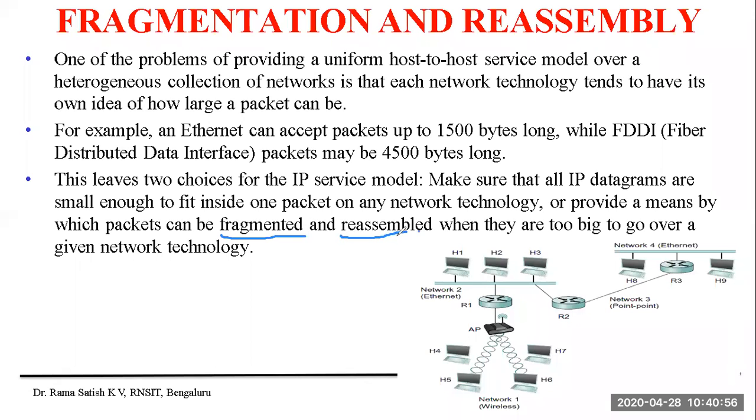So this is another point that you should always understand. One way is making a uniform size, whether it is an FDDI network, or Ethernet, or Wi-Fi, or a point-to-point network. Making a uniform size is not at all possible, right?